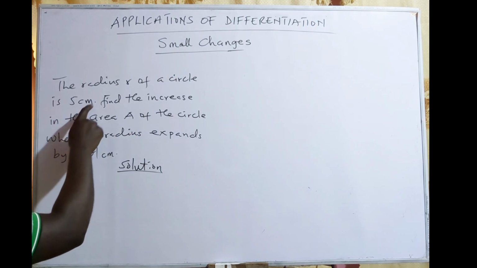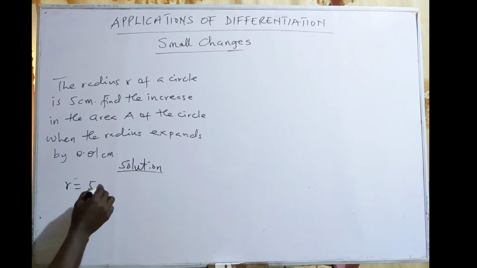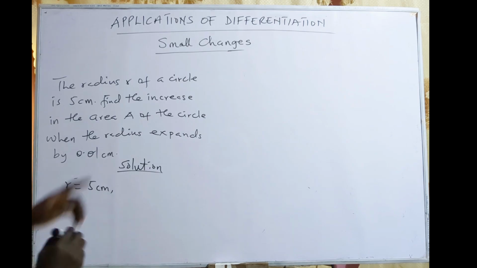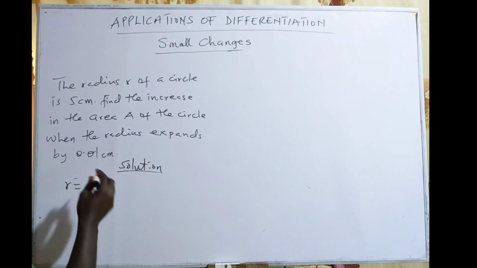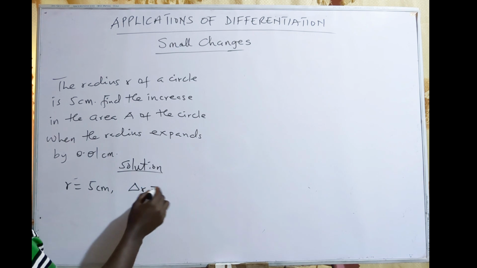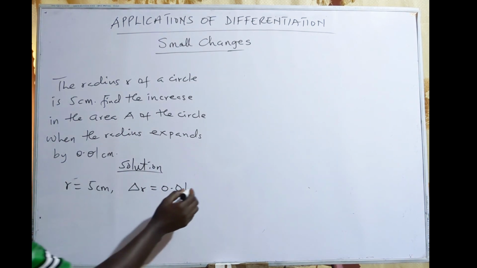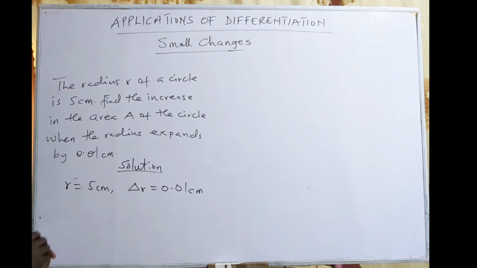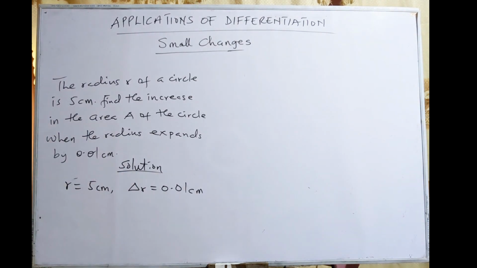Find the increase in the area of the circle when the radius expands by, so there is a change in the radius which is 0.01 centimeters. So the radius expands by 0.01, that is the change in the radius. And I'm finding the increase in the area.